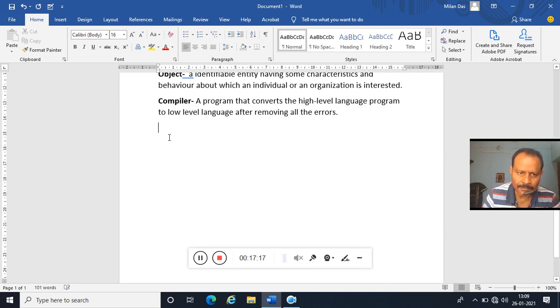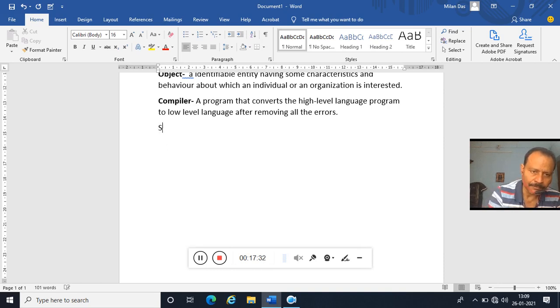Unless all the errors are removed, the compiler does not convert the program written by you to machine understandable code.